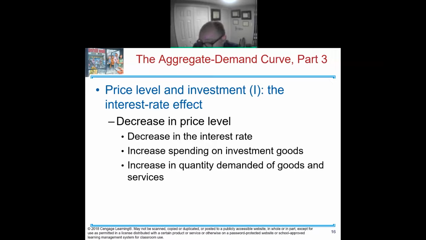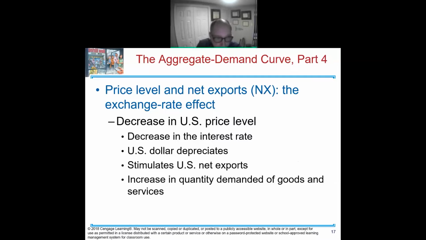You'll invest more if the price is lower. For example, if the price of housing goes down, you might buy more houses because it's a lower price, it's a lower interest rate, and there will be an increase of demand for housing, as one example. When you're investing in something, you want to invest at the right price. Typically, you want to invest in something where the price is a little bit lower, like for a house, right?